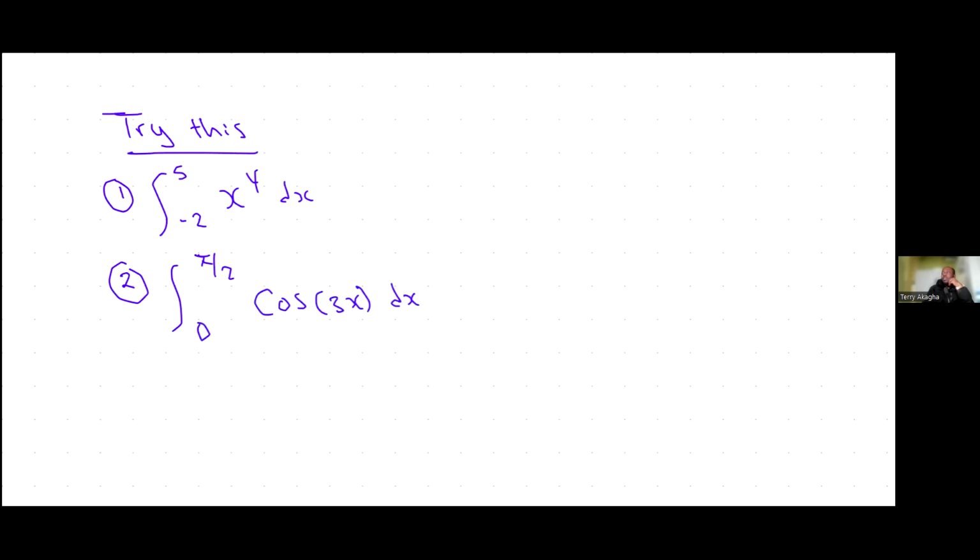Number 3, I want you to solve between 5 and 2, 1 over x plus 8. Number 4, I want you to solve between 2 and 0, 2x minus 3 raised to the power 4.